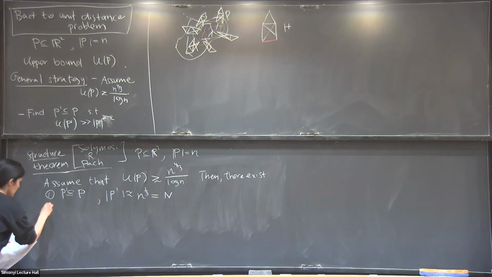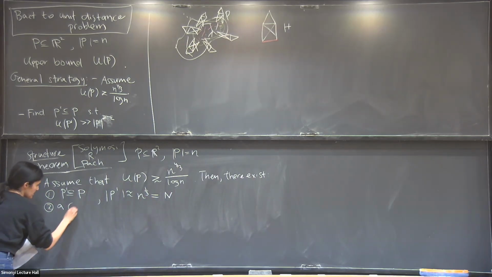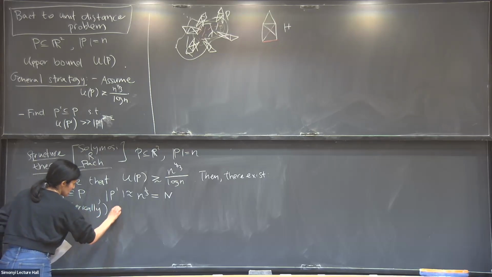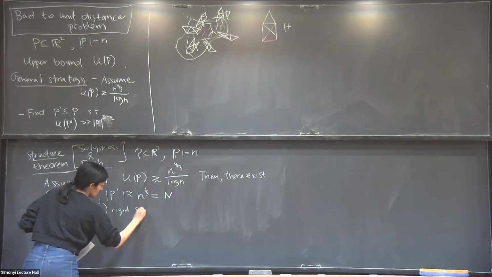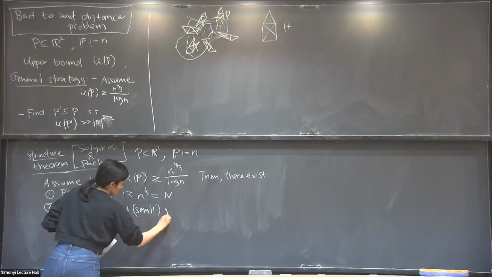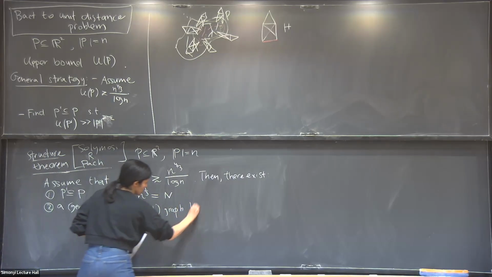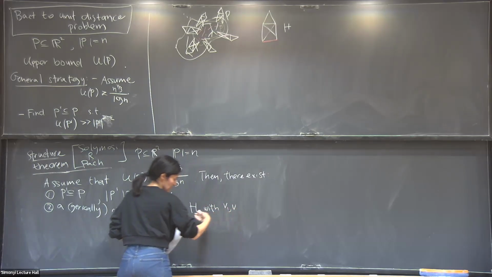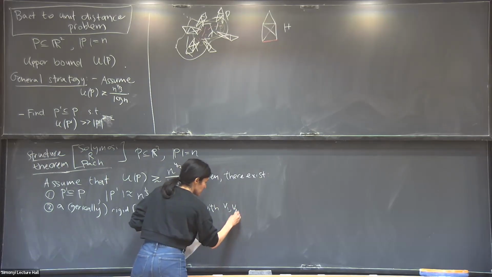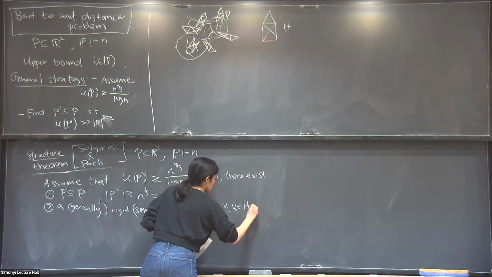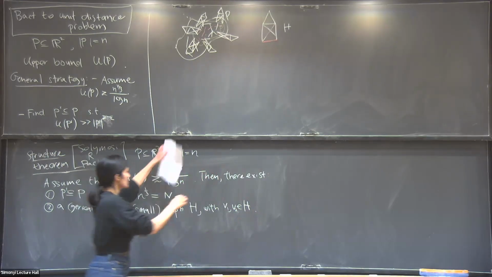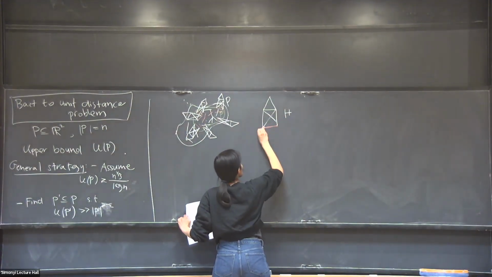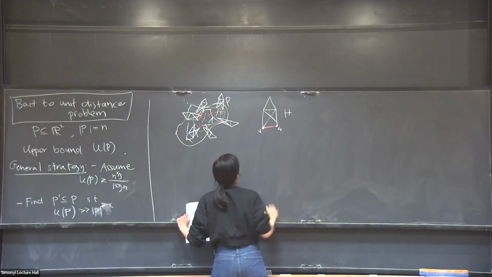Uppercase N, and there is some generically rigid graph H with at least more than two vertices, but V1 and V2 are vertices here. Picture. This is H, this is 2.